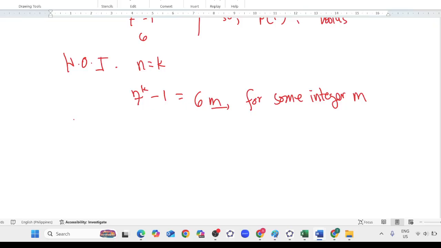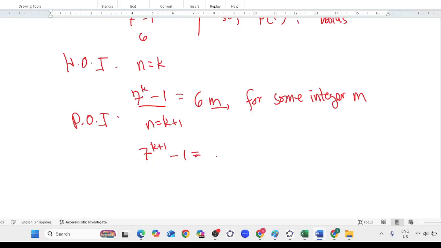So let's go to the principle of induction. For n is equal to k plus 1, we have 7 raised to k plus 1 minus 1 is equal to, should be, take note that our target there is, we need to have this one.